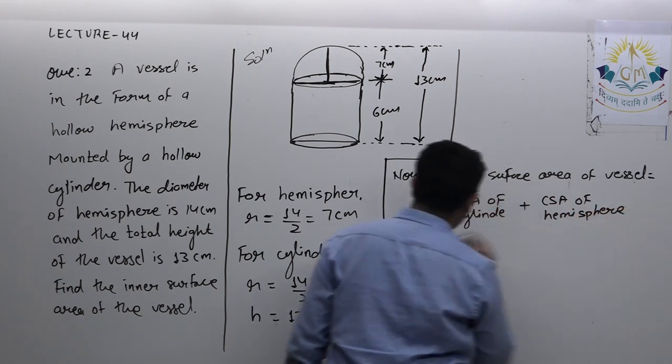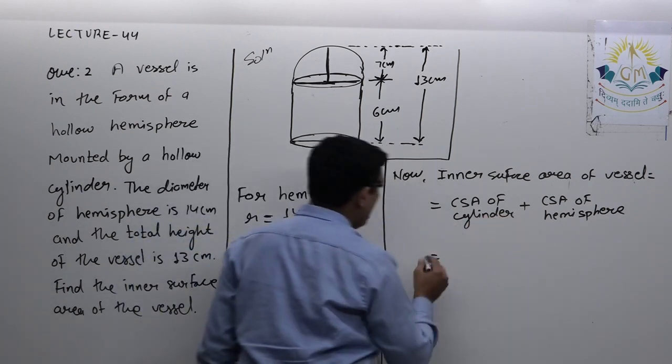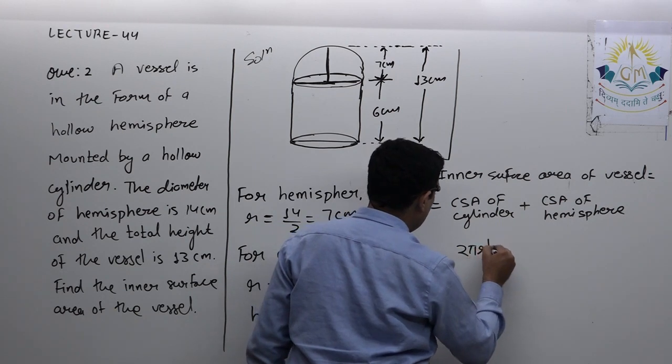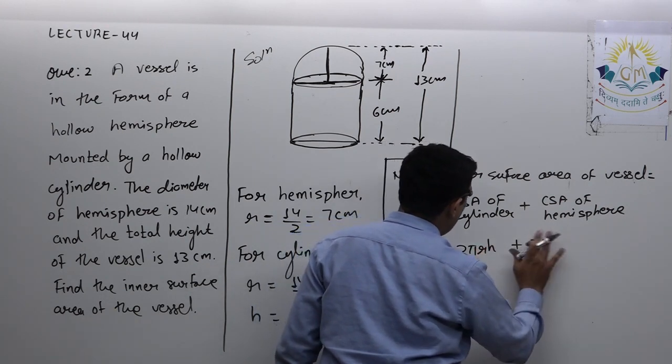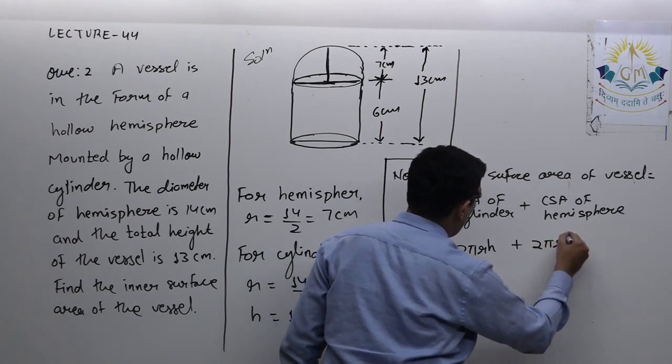When we add these two, we'll get the required result. CSA of the cylinder plus CSA of the hemisphere. Now, CSA of the cylinder is 2 pi RH, and CSA of the hemisphere is 2 pi R square.